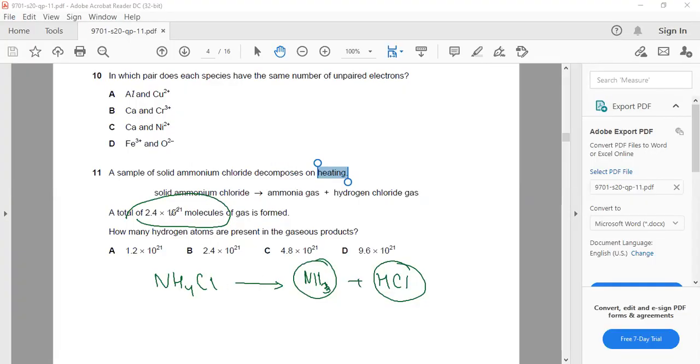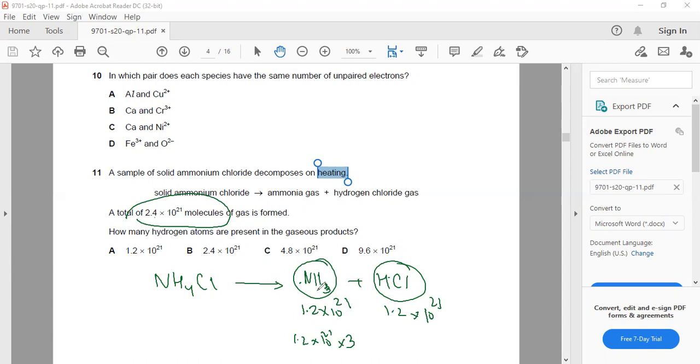Out of these molecules, there is a 1:1 ratio, which means half is this one and half is this one. So 1.2 into 10 to the power 21 into 3, because one molecule has 3 atoms, 2.4 is the total. So half is this, half is this.